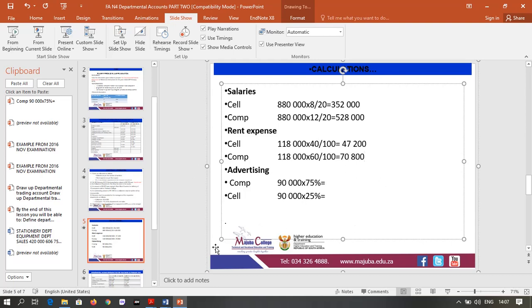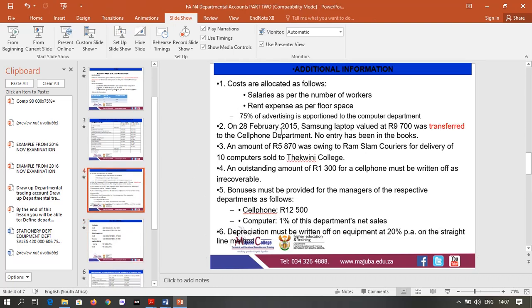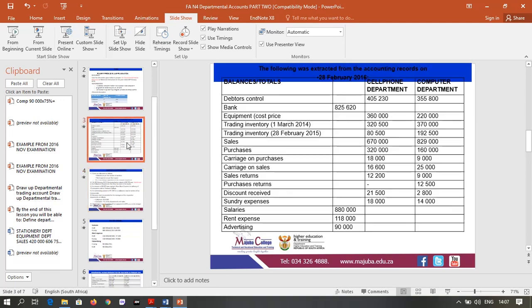When it comes to advertising, there is a guide here: 75% of advertising goes to the computer department. How much was there for advertising? It was 90,000.